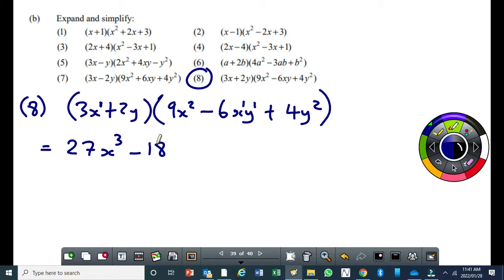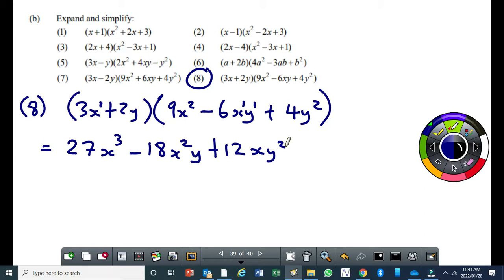It's x squared times y to the power of 1. Then the third term of the trinomial, 3 times 4, that's positive 12. X to the power of 1 times y squared, that's xy squared. So I've finished multiplying the first term of the binomial by each of the 3 terms of the trinomial.